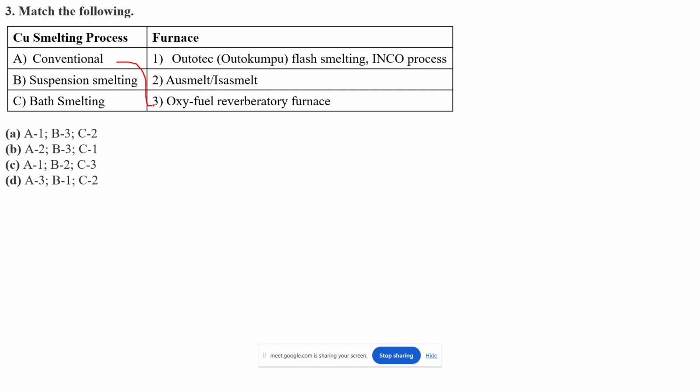However, now they have shifted towards suspension smelting and bath smelting processes, which combine the smelting and converting processes at the same time, resulting in higher grade SO2 content in the flue gases by using high grade oxygen inside the furnace for the converting process. Suspension smelting generally consists of Outokumpu flash smelting and Inco processes. Then bath smelting is Ausmelt and ISASMELT, a process developed by CSIRO Australia.